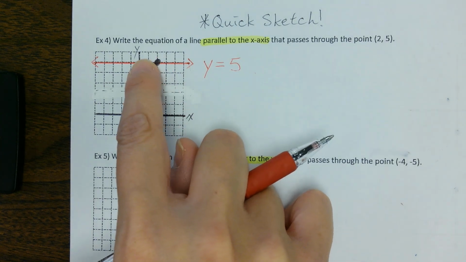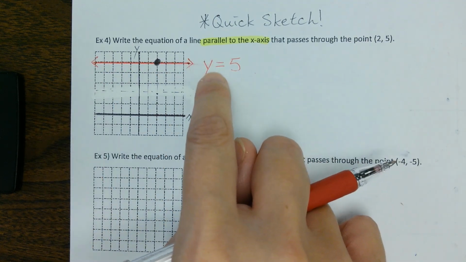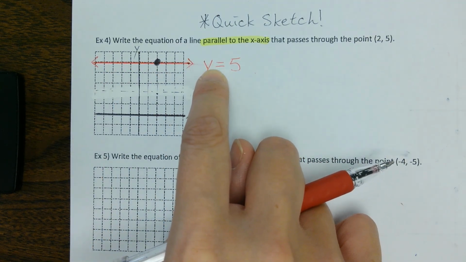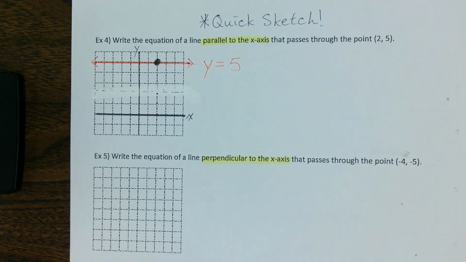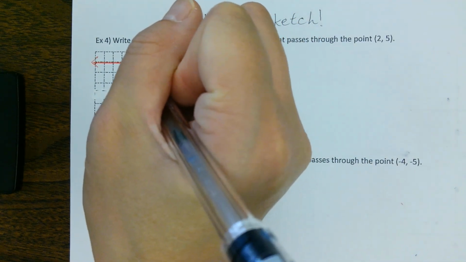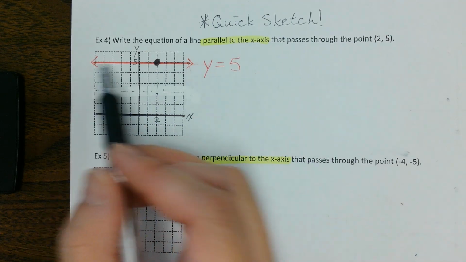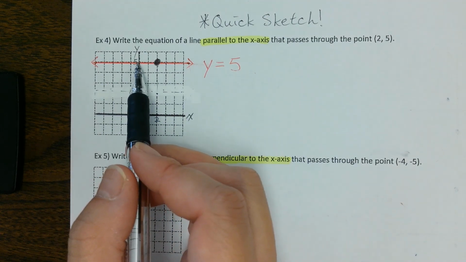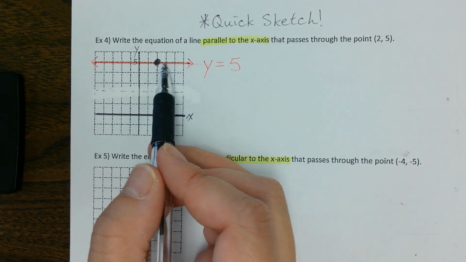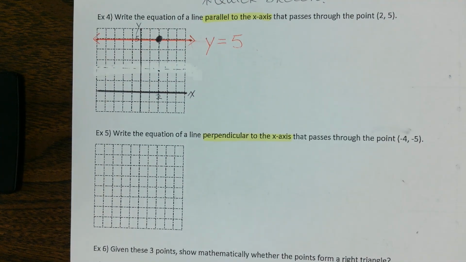So a horizontal line always has the form y equals. And what's the y value right here? 5. Okay. So this is 2, this is 5. Right? The point 2, 5. So any horizontal line means that every single point has the y value of 5. So it's y equals 5.